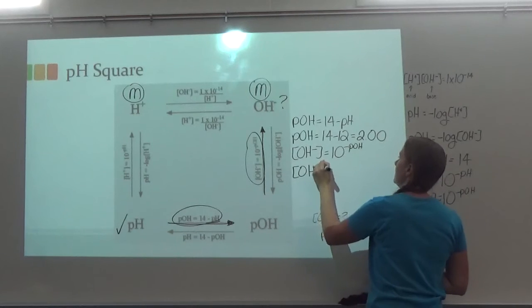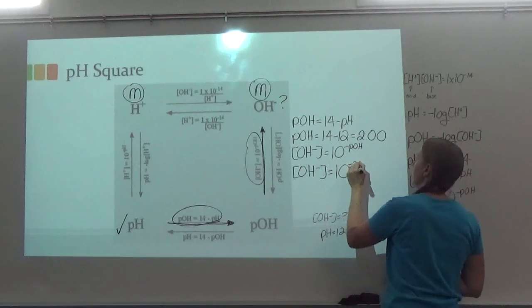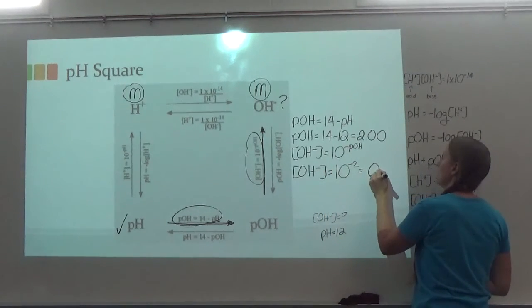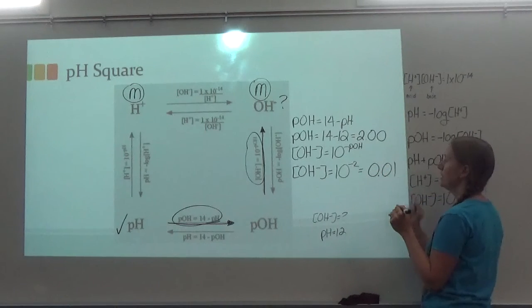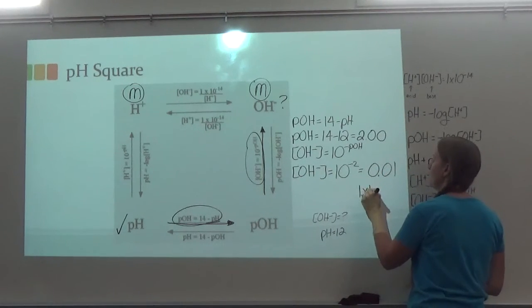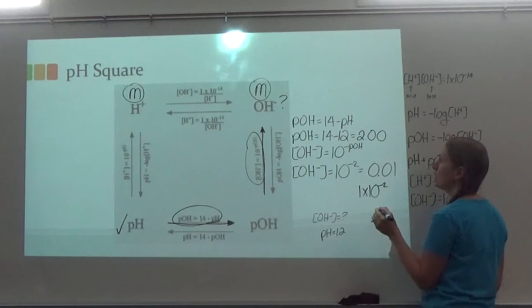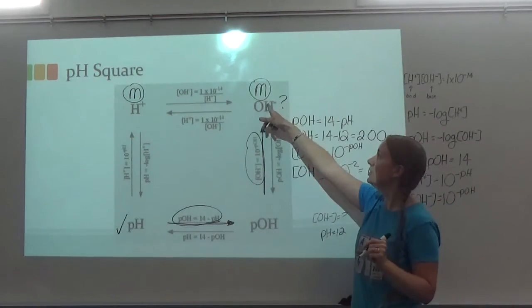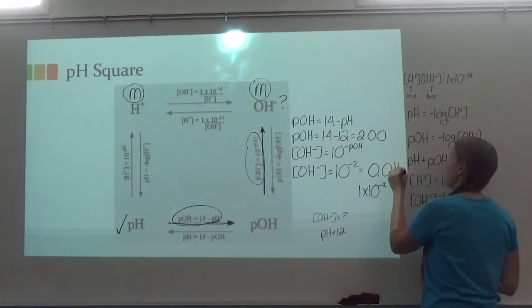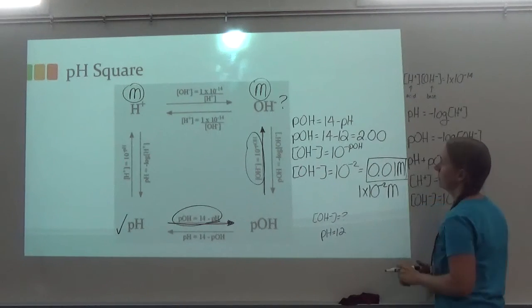So OH minus is 10 to the negative 2. Most likely your calculator will probably end up changing it to 0.01, but putting 1 times 10 to the negative 2 is fine also. But what's the last thing you need? You calculated OH minus, so you gotta put, ooh, I'm running out of room, your molarity.